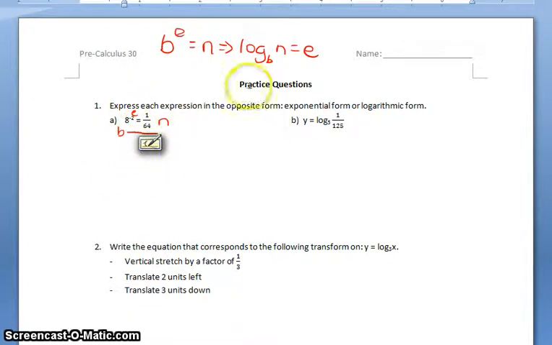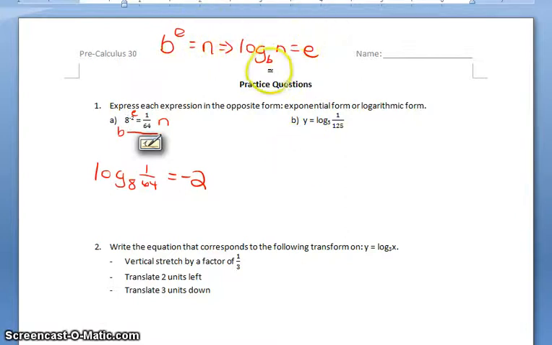So we're going to write this into our logarithmic form. So we have the log base b, which was 8, of n, which is 1 over 64, and that is equal to negative 2. Alright, just like that. In part b, we have y is equal to log base 5 of 1 over 125. Here we're given logarithmic form, now we're going to go into exponential form.